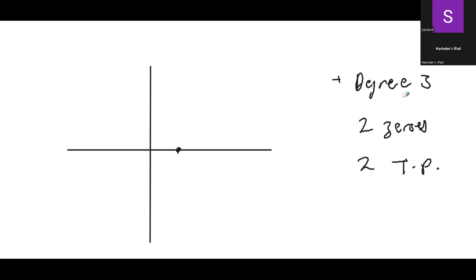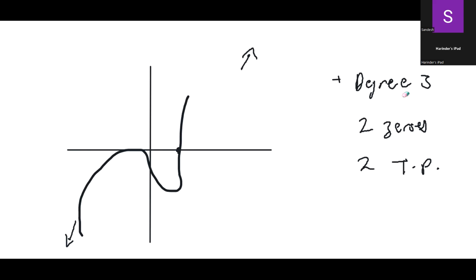Positive means it's gonna start here and it's gonna end up here. 2 zeros, 2 turning points. What could that look like? Yeah, perfect. There you go.